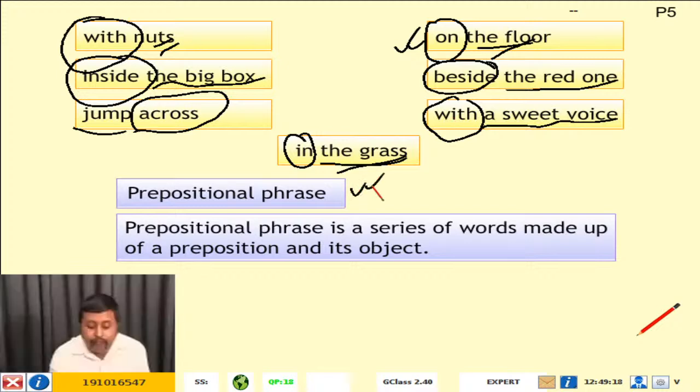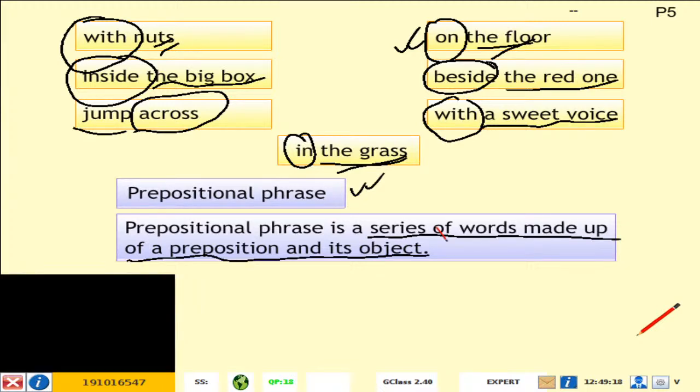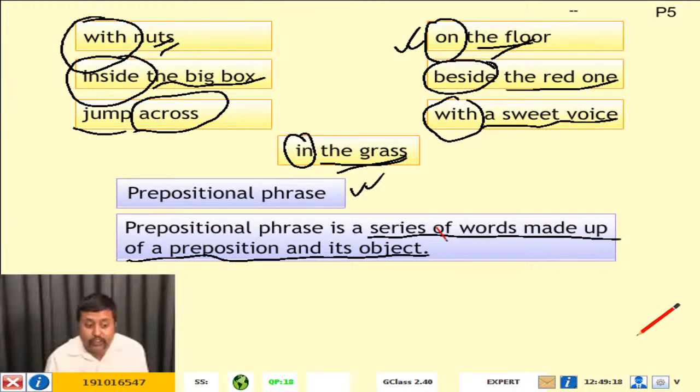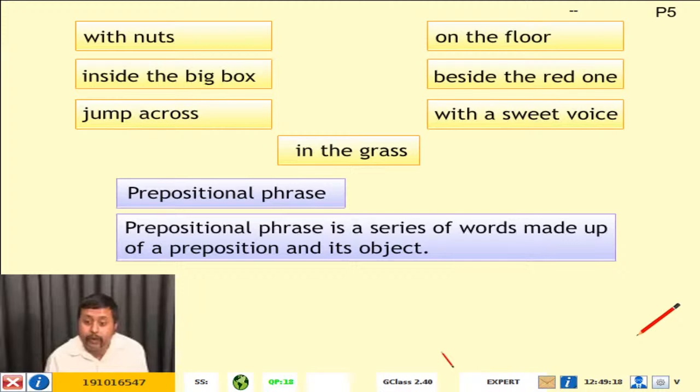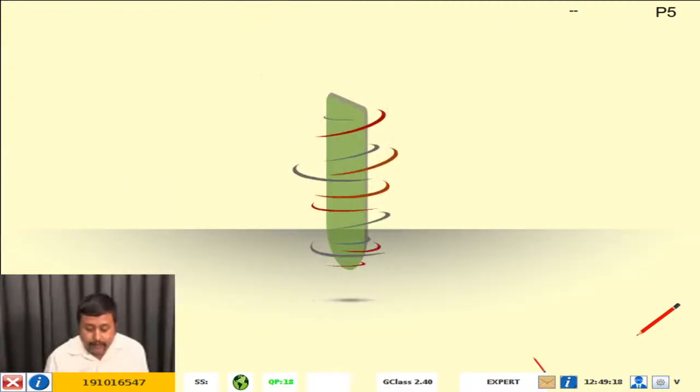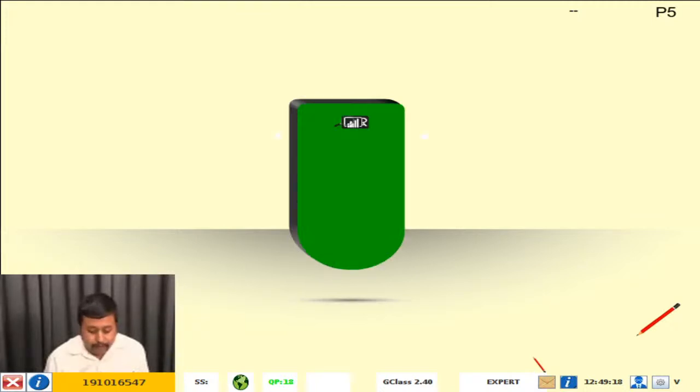Prepositional phrase. So what is a prepositional phrase? A prepositional phrase is a series of words made up of a preposition and its object, right? Yet we saw, where is the preposition and where is its object? So when all the things come together, we call them what? Prepositional phrase. All right, now moving on.